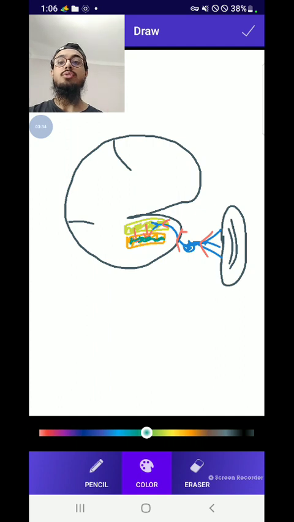Someone says to you, hi, how are you? You can answer that question, you say I am fine. It is a simple sentence, and you know the meaning of that sentence. How do you know the meaning? Because of the auditory association area.